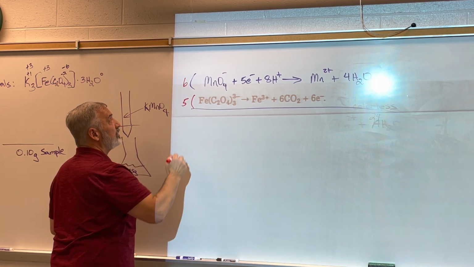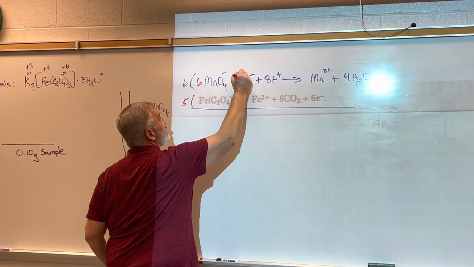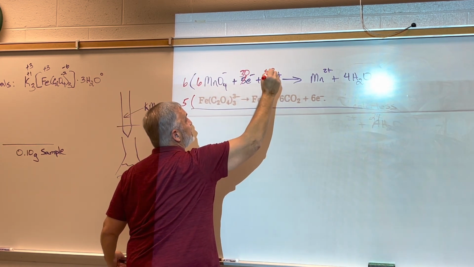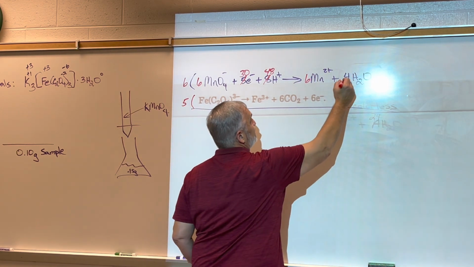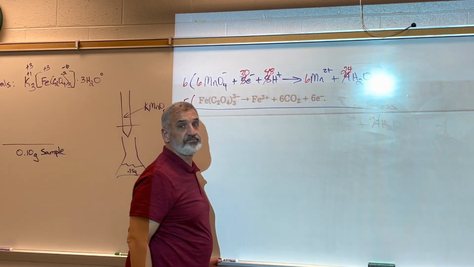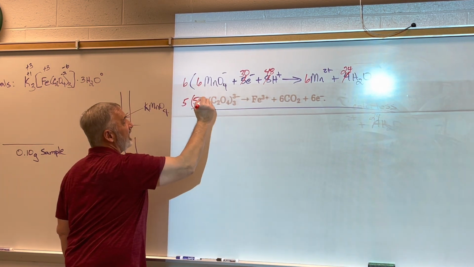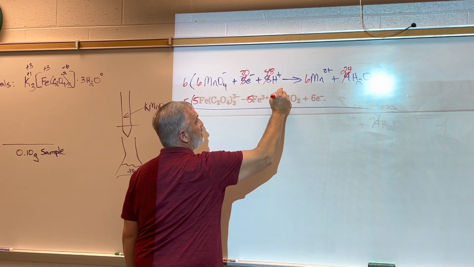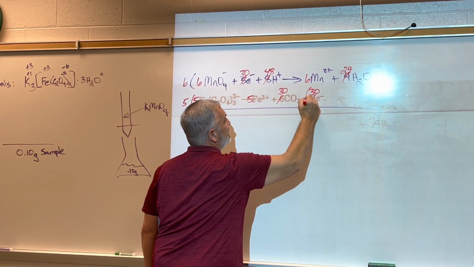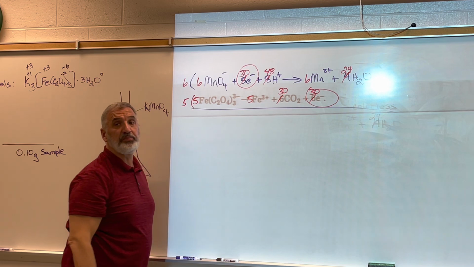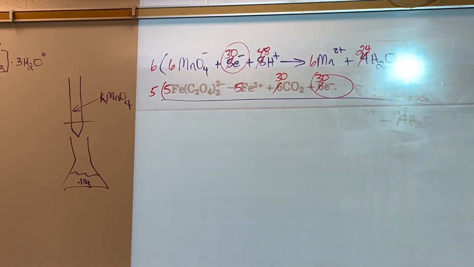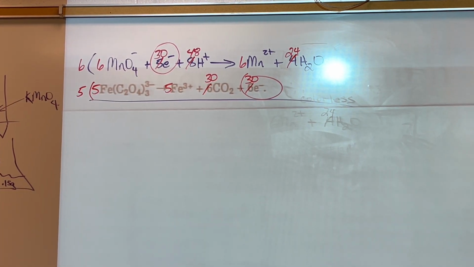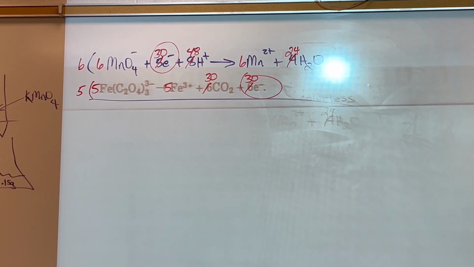So I'm going to get 6, 30, 48, 6, and 24. Now I'm going to get 5, 5, 30, and 30. Now it's these electrons that are most important. That has to match up. When you balance a redox, electrons gained has to equal electrons lost.